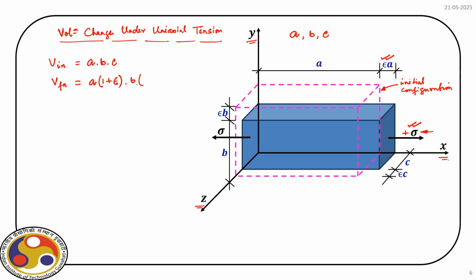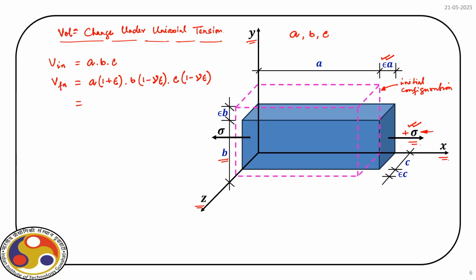So, B is now 1 minus nu times epsilon, because due to the Poisson effect, the dimension in the orthogonal direction has reduced. Similarly, we get C, which is 1 minus Poisson's ratio times the strain in the direction of the applied force.